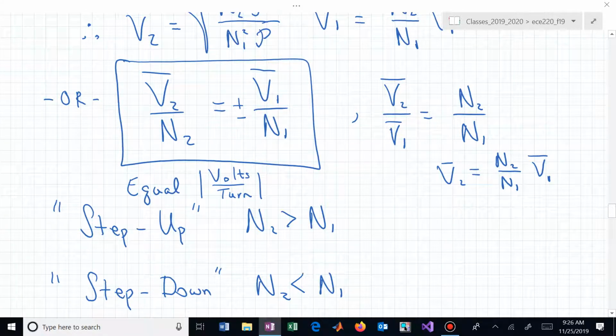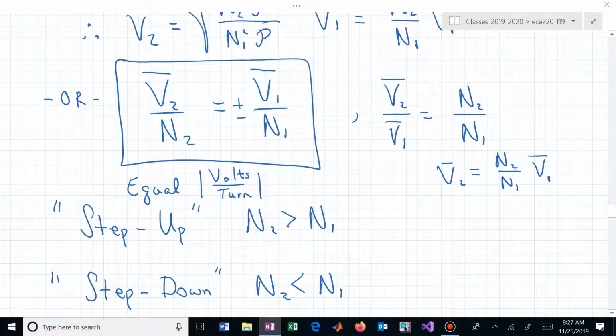If we were reducing the voltage, think of your wall wart, which now we don't even have those anymore. Do you even know what I'm talking about? Those larger plugs that we used to put into the outlet had a transformer in them, and those were step down because you're powering a lower voltage device. That means that on the secondary coil you have fewer turns than on the primary coil side.